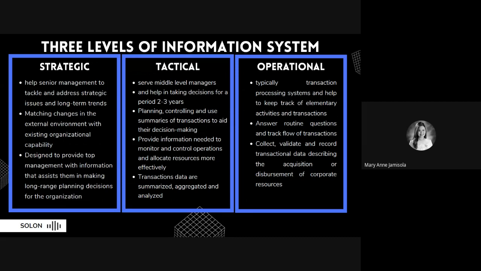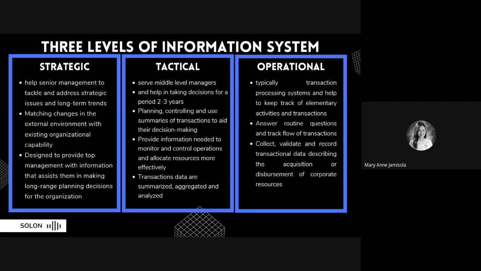Then the last level of information system is what we call operational level information system. These are typically transaction processing systems and help the operational level managers to keep track of elementary or basic activities and transactions of the organization, such as sales, receipts, cash deposits, flow of materials, etc. Their purpose is to answer routine questions and to track flow of transactions.